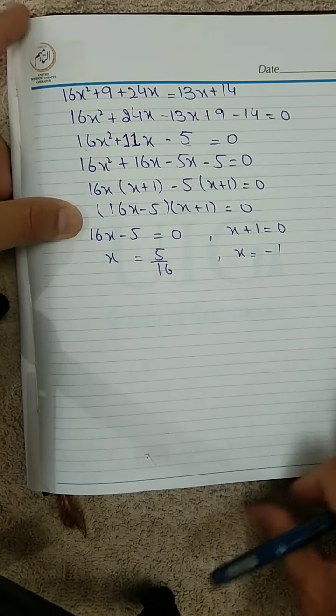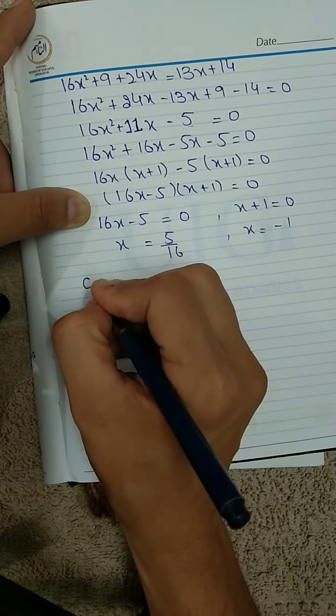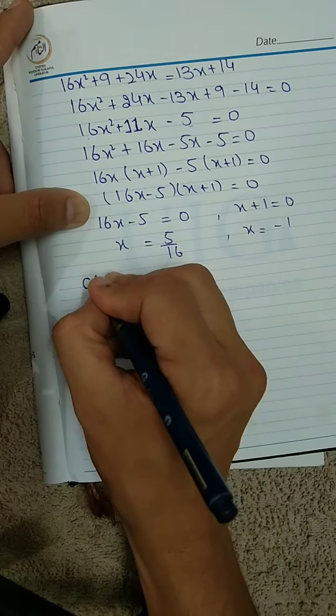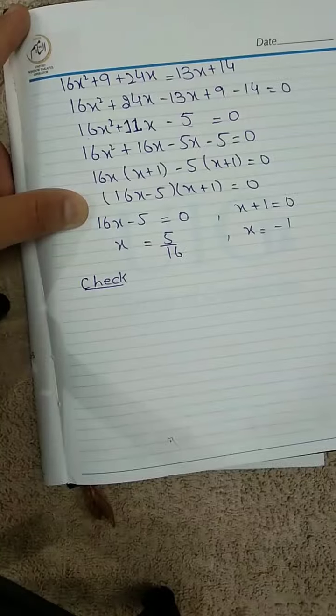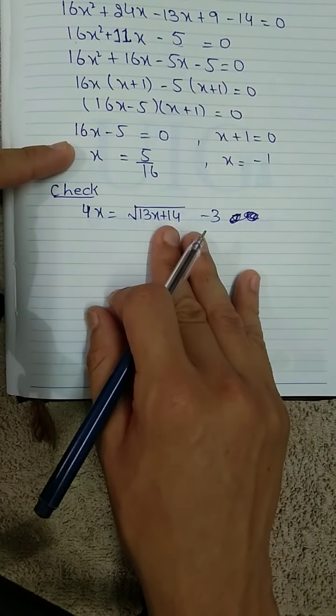Let's find out the extraneous roots. Check these solutions separately by putting the values in the question. So here we have our question: 4x plus 3 is equal to square root of 13x plus 14.